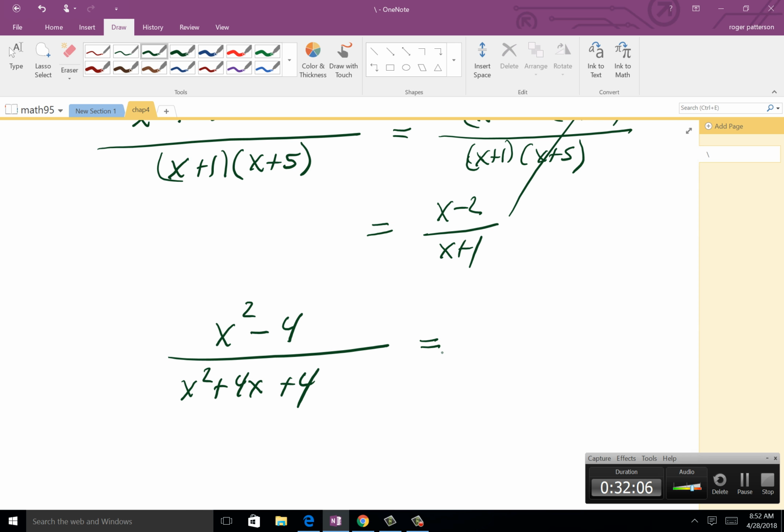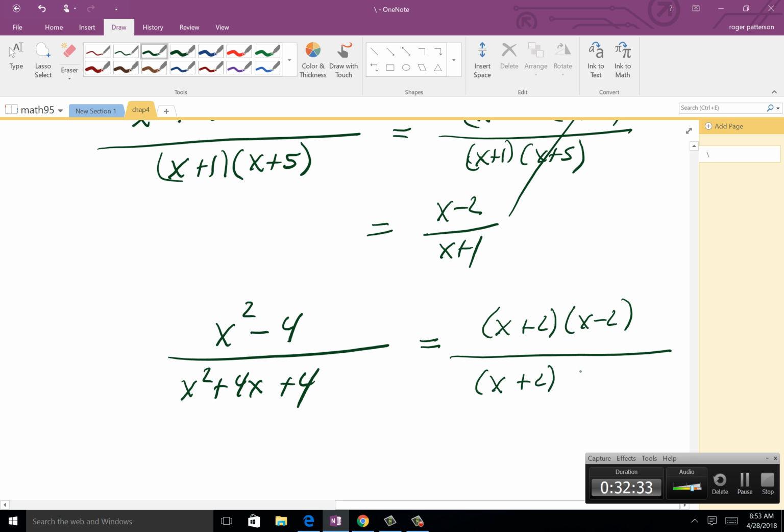So what is the top part going to look like? Right, x plus 2, x minus 2. Good. And what's the bottom going to look like? We're going to have x plus 2 and x plus 2. Good job.